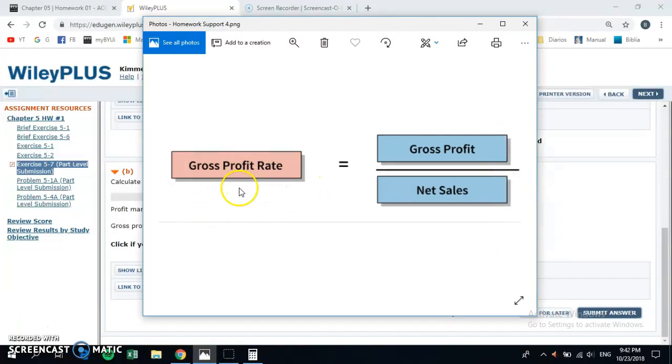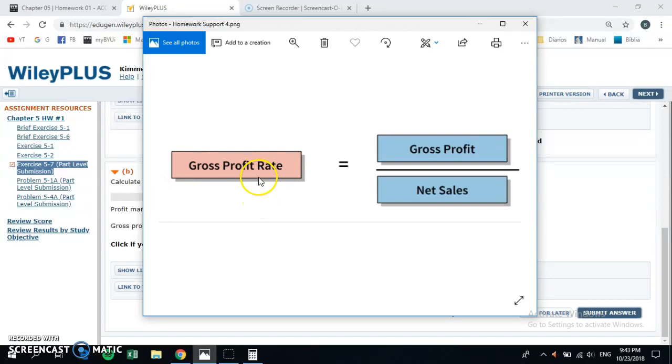Fine. So gross profit rate. What does this number mean? It shows the relationship between our cost of goods sold and the revenue and the price at which we are selling, but without taking into account our operating expenses, which are very important, but we'll get to that in the second number we are calculating.